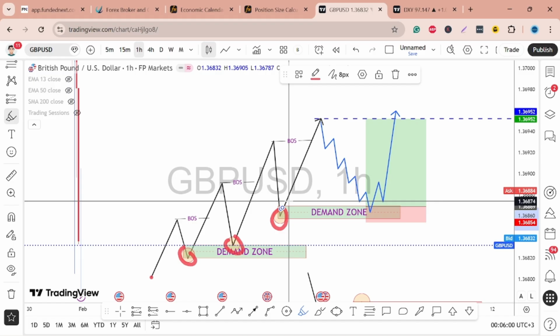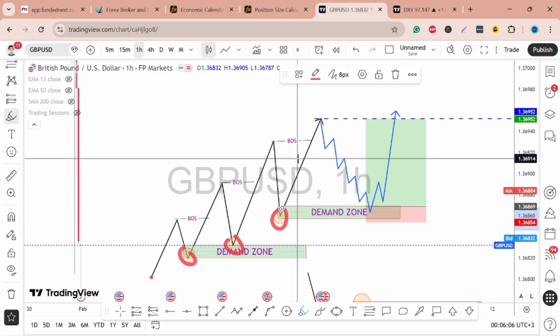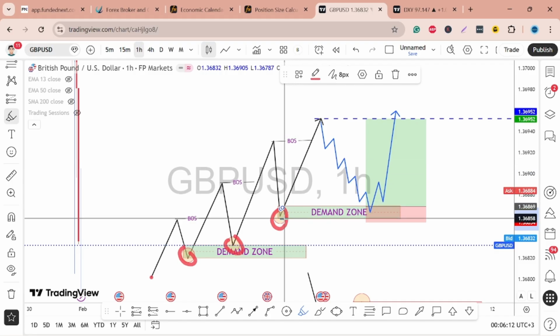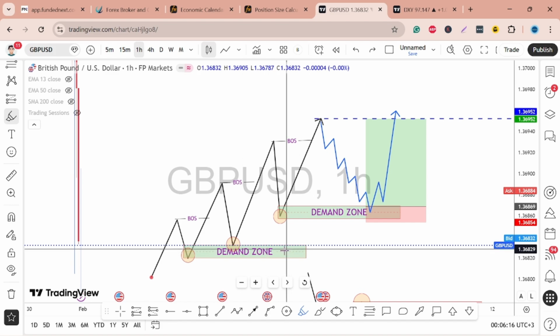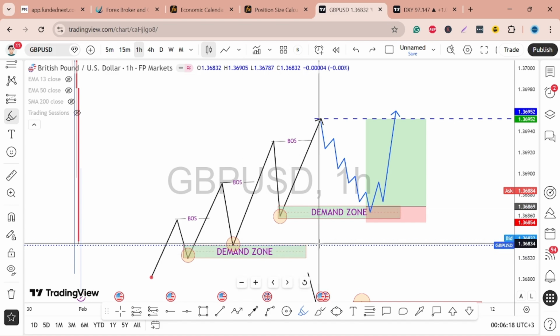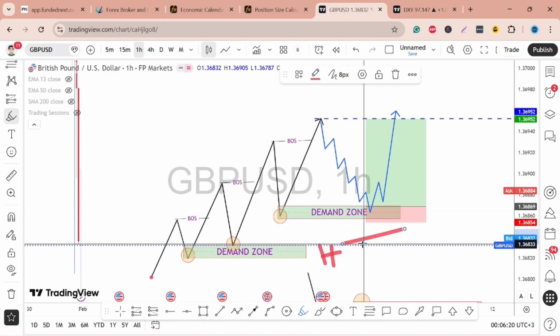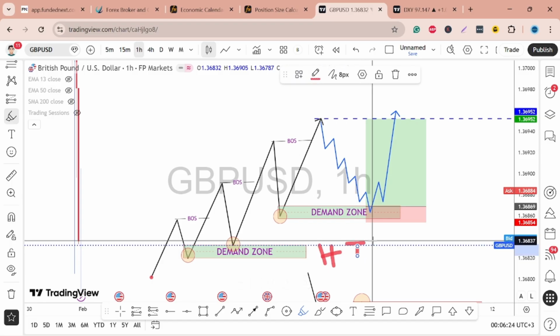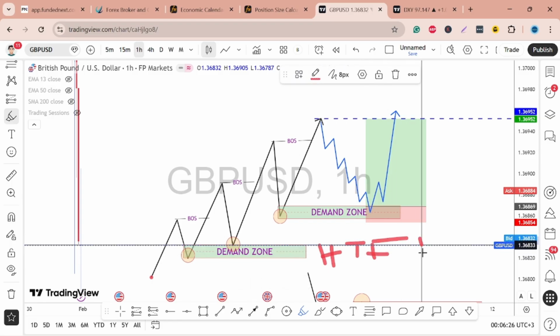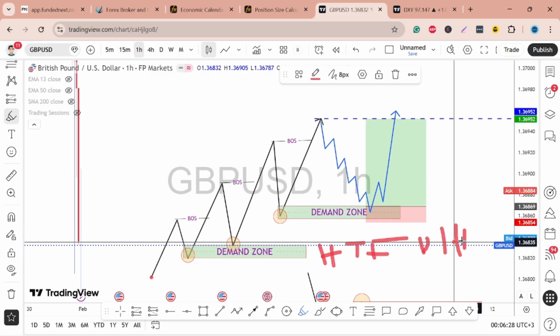Now the question is: how do you get into these buy positions? You have to have very good timing of the market. These areas that I have marked, the demand zones, I always want to be from the higher time frame, probably either the daily or the H4.